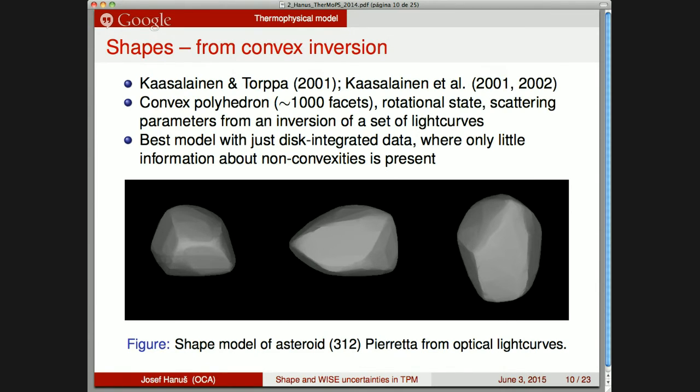And this is basically the best model we can get from only disk-integrated data, because in the disk-integrated optical data there are very few signatures of non-convexities. The majority of the shape models, a few hundred, are convex shape models, and on the other hand, there are very few based on radar data or spacecraft.